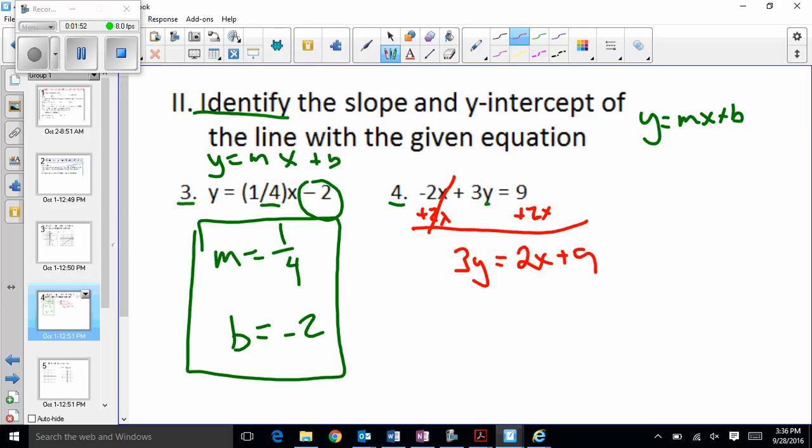Notice what I did there. I rearranged these two terms. We've got a positive 9, I've got a positive 2x, so I'm just putting the 2x first and then adding 9. After that, I have to get y by itself by dividing by 3.